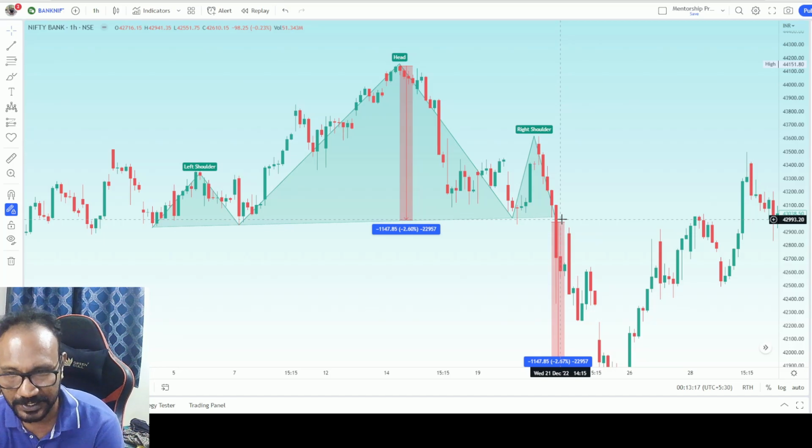Get a grasp of all these things and then proceed further, because it's all the same. The only thing is that the inverse head and shoulder is just the flipped version of it. The rest of the things and the conditions remain the same, right?